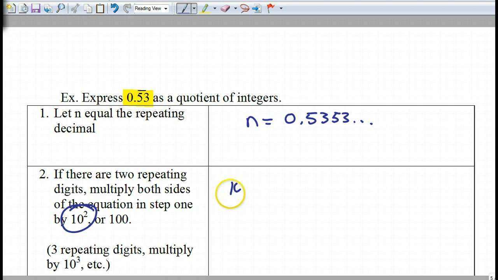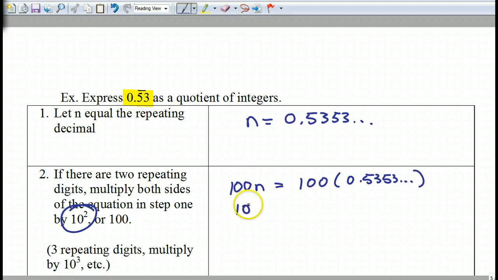So this will be 100 times n equals 100 times 0.5353... So we have 100n equals 53.53 repeating.